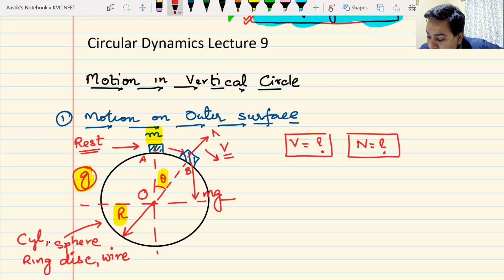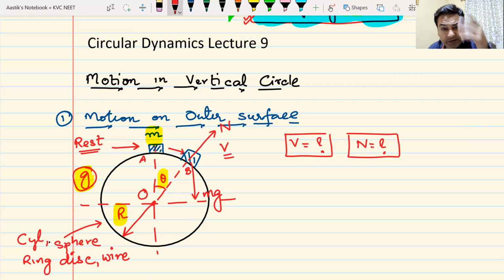Normal reaction N would be like this. It might look a bit different, so what I do is the normal reaction should be along the normal direction. Both the lines should match. So normal reaction would be like this.